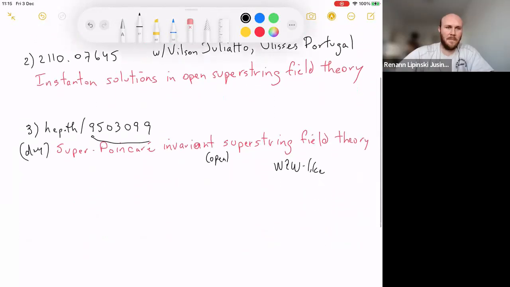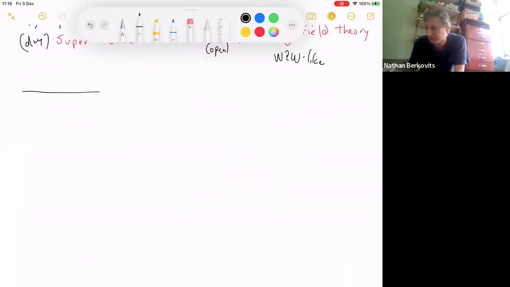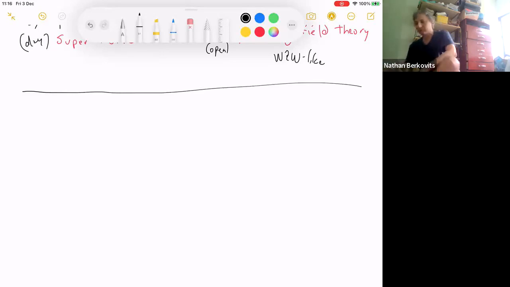Okay, so let me start with the basic introduction of open superstring field theory using this formalism. So you have Q and eta, and I think everybody probably knows what eta is. So eta comes from bosonizing the beta gamma fields.